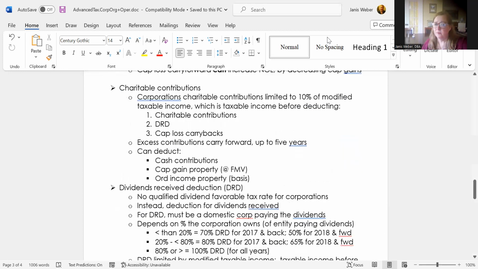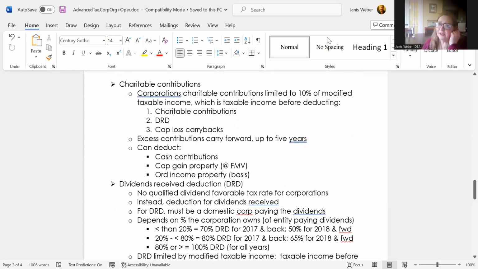Then charitable contributions. There's a limit of 10% of taxable income that you can take for charitables. What you do is take your taxable income before you deduct charitable contributions, dividends received deductions, or capital loss carrybacks, and you say, what is the taxable income? One-tenth of it is the most that your charitable contributions can be.